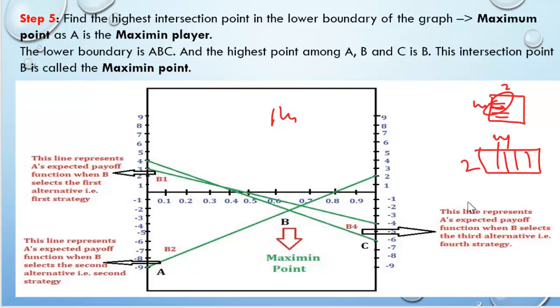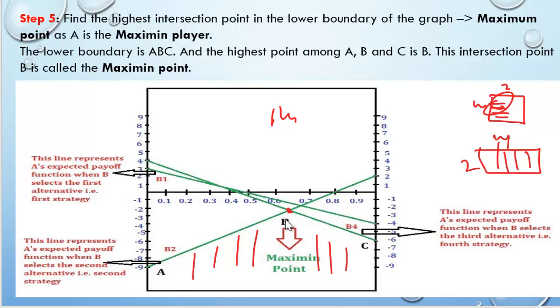Sometimes the lower part is this one. This is my lower part, right? And what is the intersecting point? That is this point B. So in this A, B, C, this B is the highest point, because from A's perspective, we want to go for the maximum, that is, maximize the minimum gain.